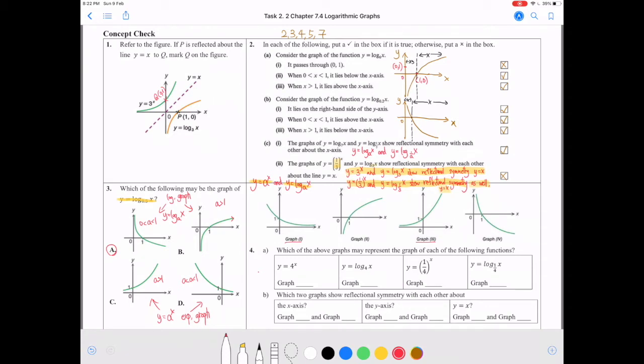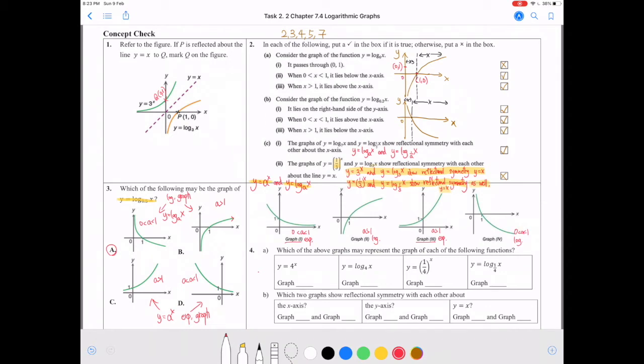For the first graph, this is the case when a is in between 0 and 1. The third graph is also an exponential graph, but the base is bigger than 1. The second graph is a log graph, and a is bigger than 1. The fourth graph is still a log graph, but a is in between 0 and 1.